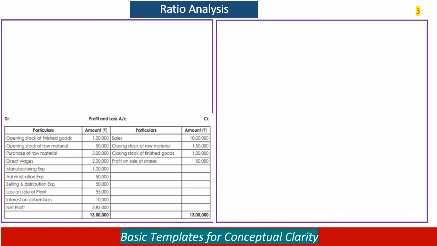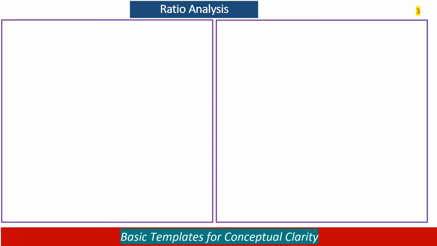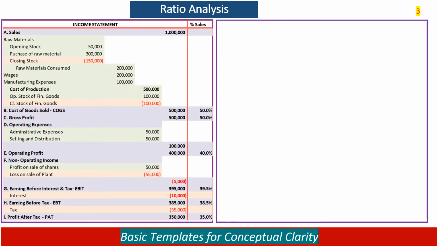For that purpose, we may have to convert a profit and loss account for our understanding as an income statement, which will have grouping of sales, then cost of goods sold, gross profit, operating expenses, operating profit, non-operating income, earning before interest and tax, earning before tax, and profit after tax. This is a template. If we are able to put the profit and loss account in this template, we have understood very clearly to carry this financial statement through the process of ratio analysis with a lot of ease.